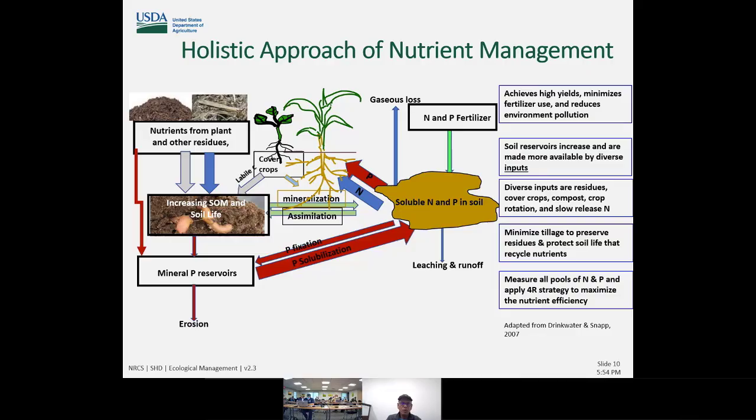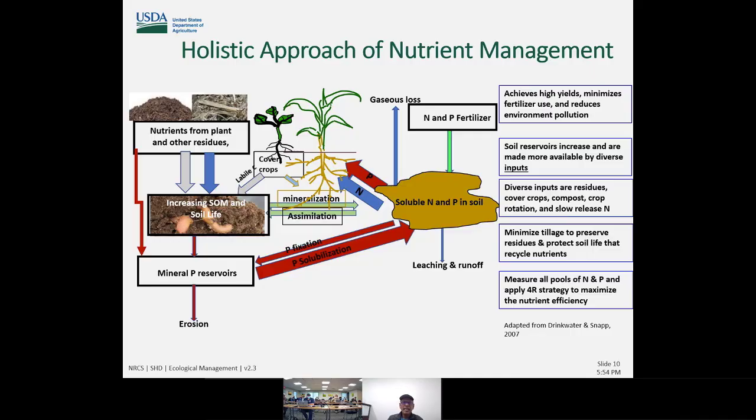But we need to look at the whole spectrum of phosphorus. Phosphorus is there in inorganic and organic form, and the majority of it is actually in organic form. So we need to measure the total phosphorus, and in the same way also total nitrogen. That's why we need to think about soil health testing.